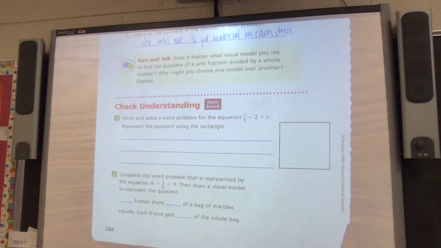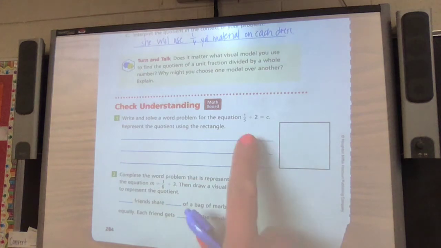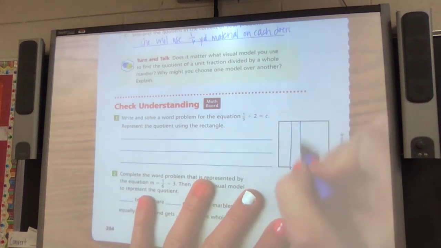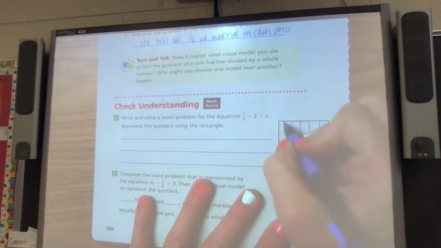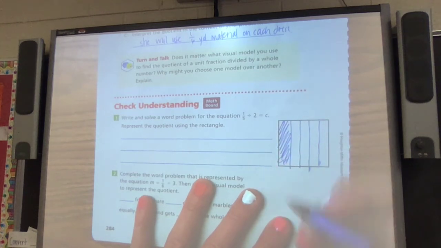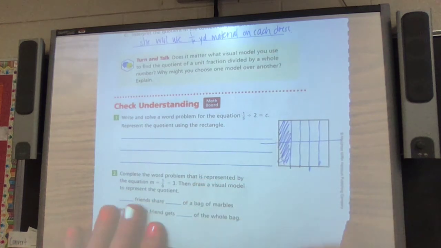Write and solve a word problem for the equation 1/5 divided by 2. Again, my answer is going to be smaller than 1/5. Because I have 1/5, which already isn't a lot. And then I'm dividing it by 2. It's going to be in 2 equal parts. Word problem.